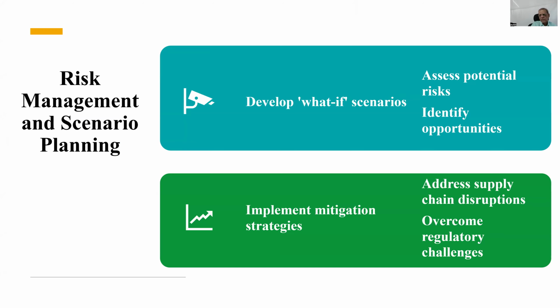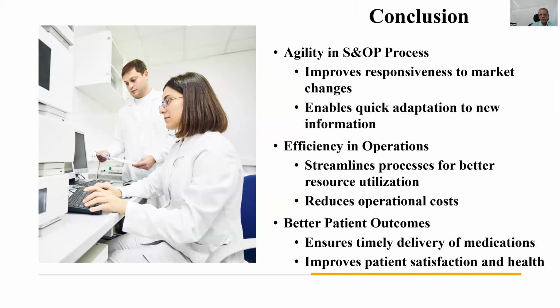So assess those potential risks and identify those opportunities, and then implement strategies to mitigate them, where you can think about supply chain disruptions and all that, and maybe other challenges or regulatory challenges. These two things you can take into consideration and prepare the necessary strategies for covering them.